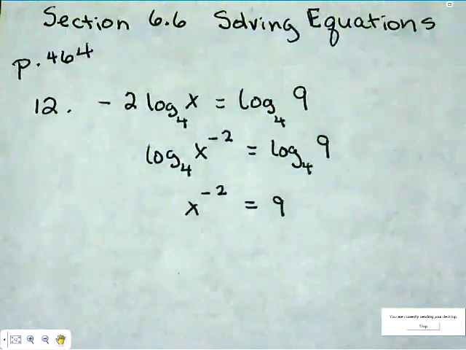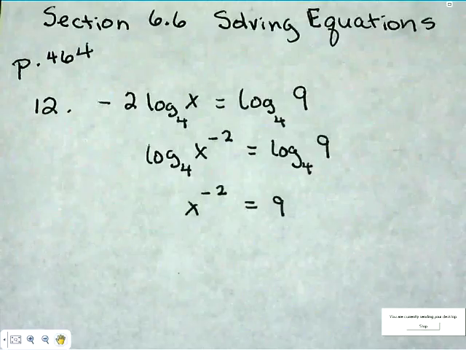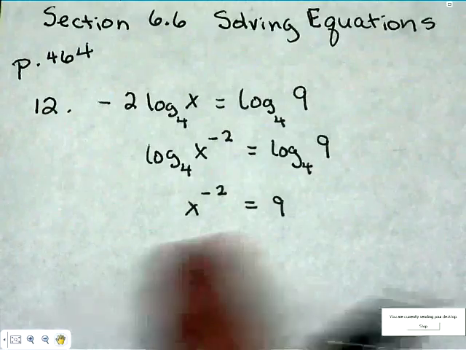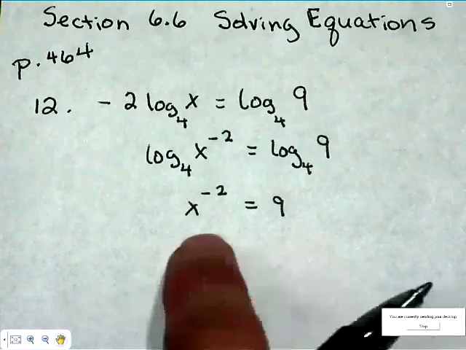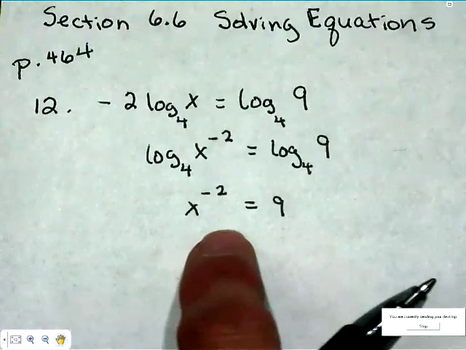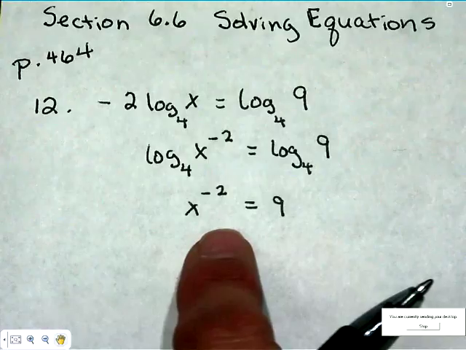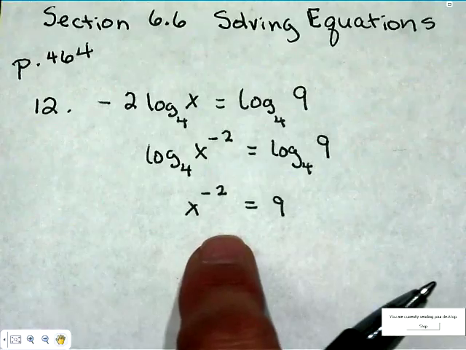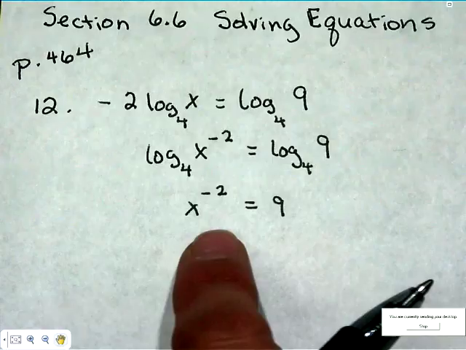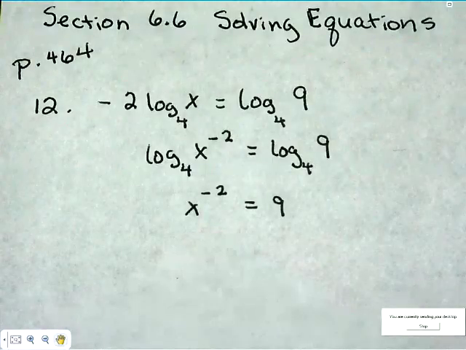Now this particular problem, it wasn't the dealing with the logs that was difficult. I forgot how to solve that equation. Does anybody have any idea of something we could try? I don't know how to unnegative 2 something. The fact that the 2 means square, I could undo that with square root.